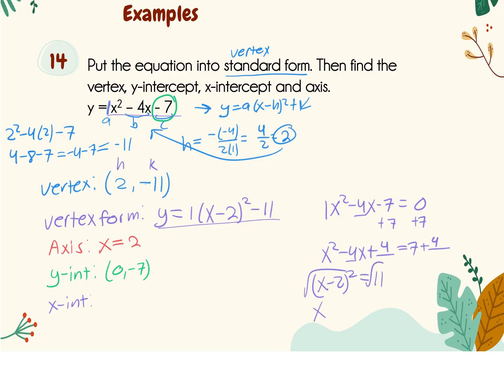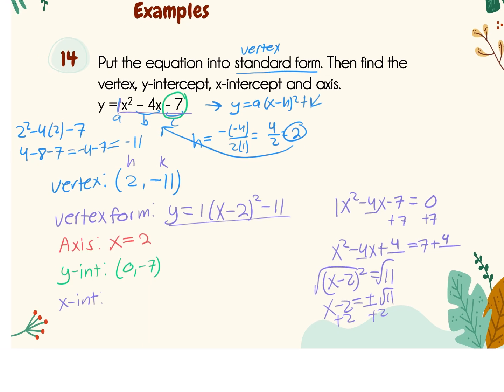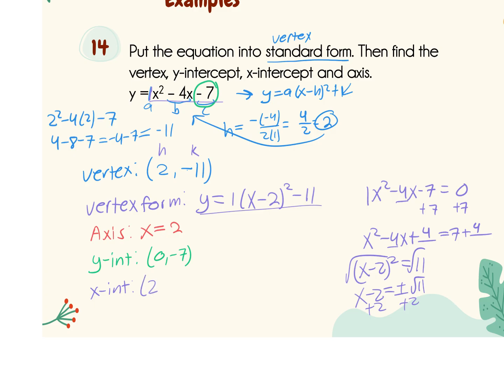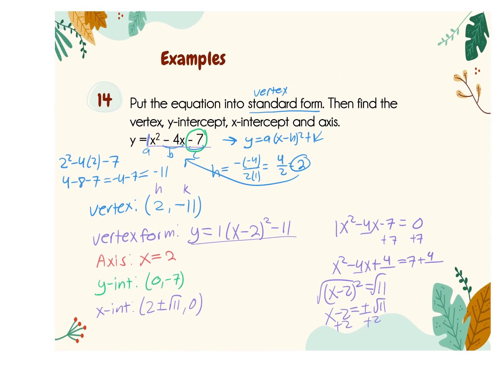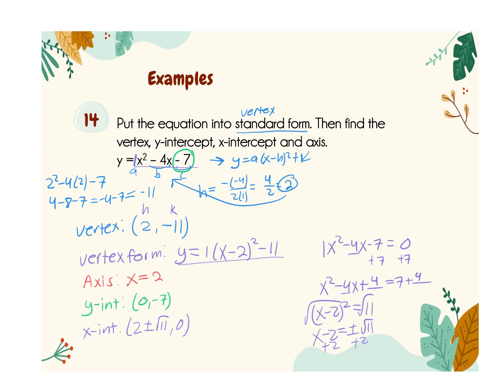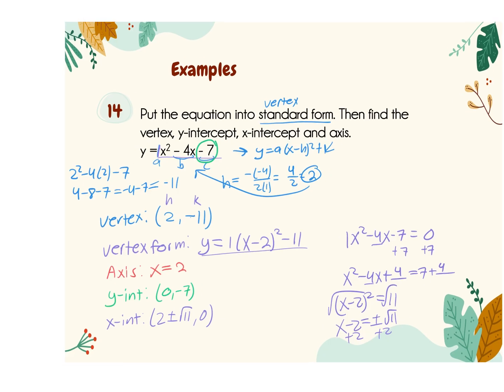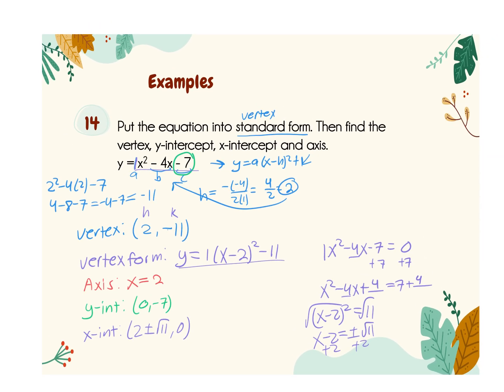Square root both sides, and I get x minus 2 equals plus or minus the square root of 11. And then I can add 2 on both sides. And then that's going to get us an ordered pair of 2 plus or minus the square root of 11, 0. All right. So that's all the information that we asked for. Again, you can sketch a graph if you would like. But yeah, that's it for this problem.